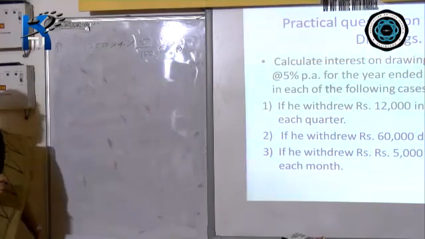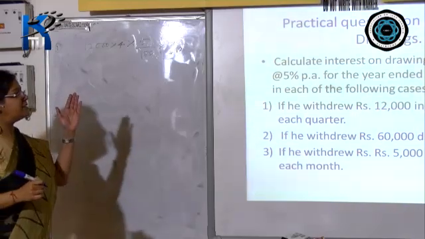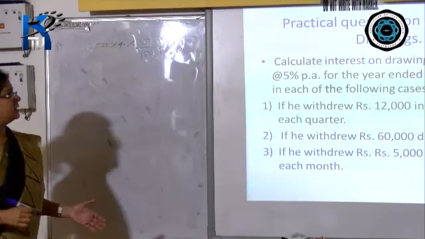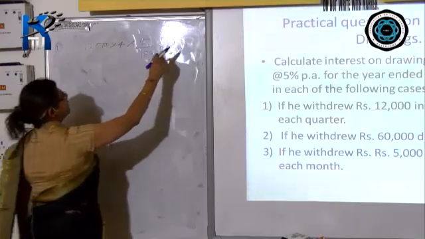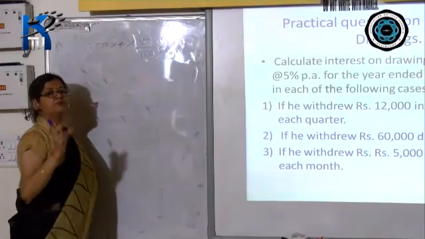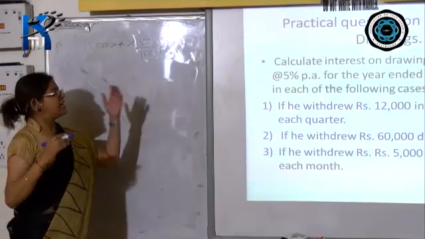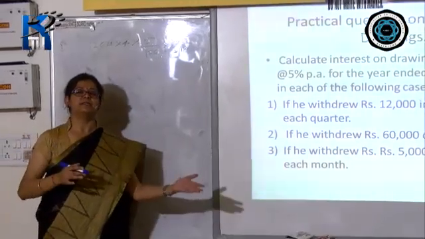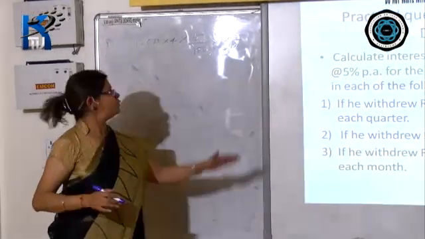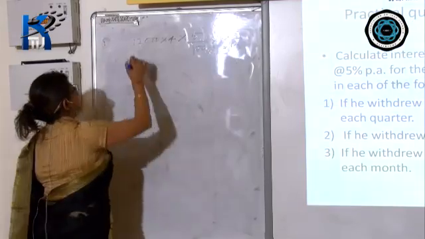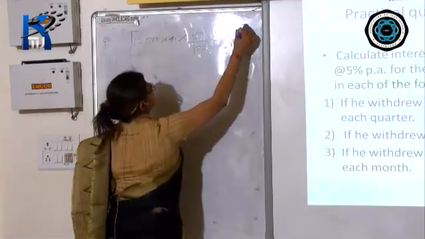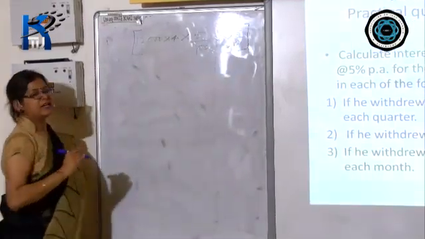Why did I take 7.5? Because it is the beginning of each quarter. If you calculate as per the formula given to you earlier, time left after the first withdrawal plus time left after the last withdrawal upon 2, we get 7.5. If you calculate this, you get your answer.